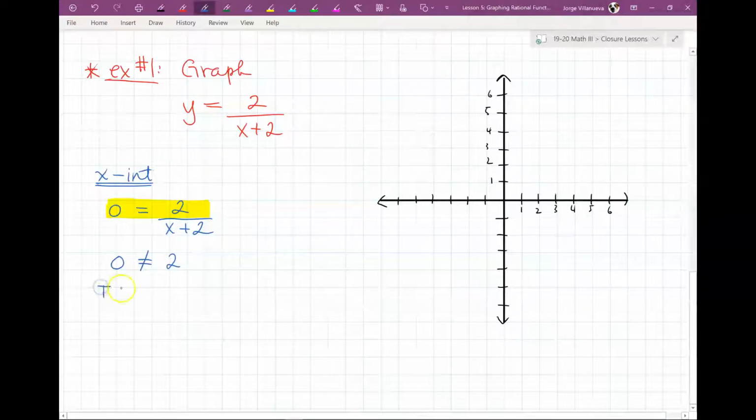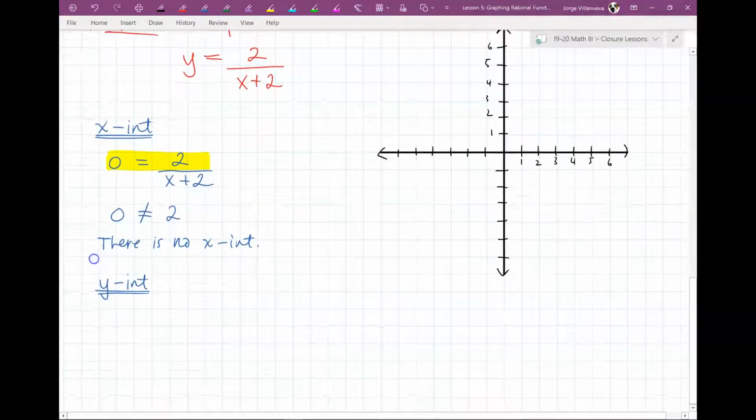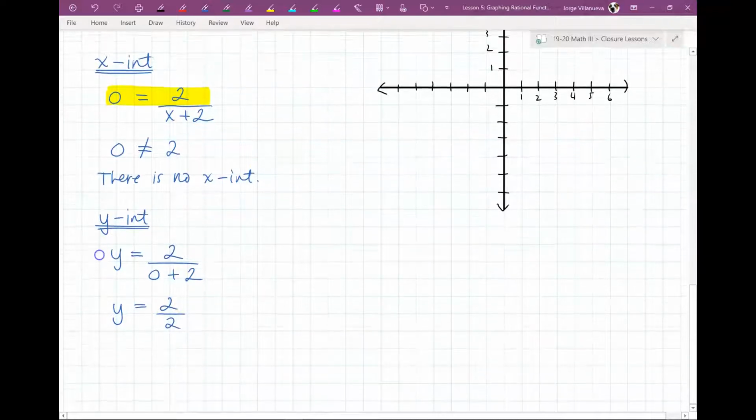So I'm going to put there is no x-intercept. Okay, so I don't have to put a dot anywhere. Now, my y-intercept. I'm supposed to let x equal 0. So y equals 2 over 0 plus 2. Well, that's y equals 2 over 2. So y equals 1.